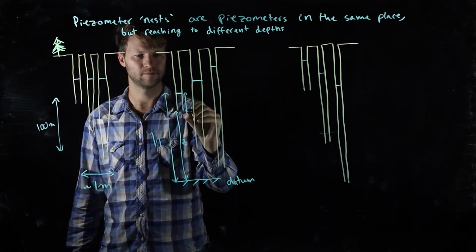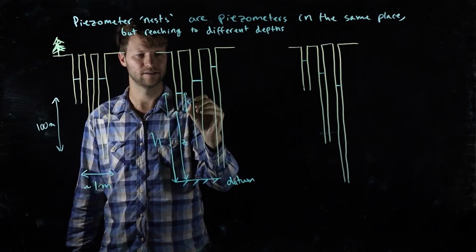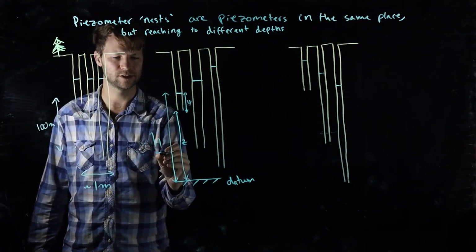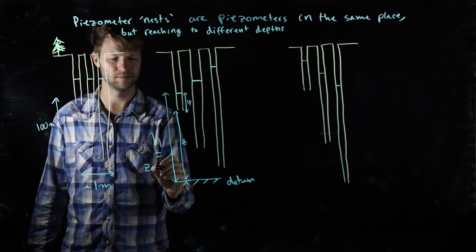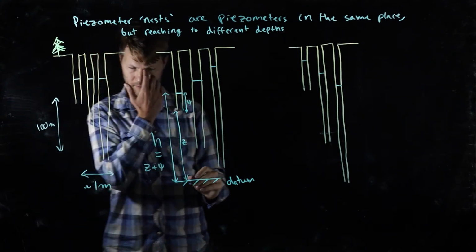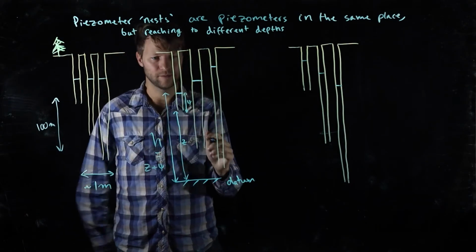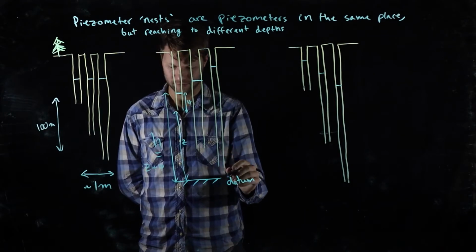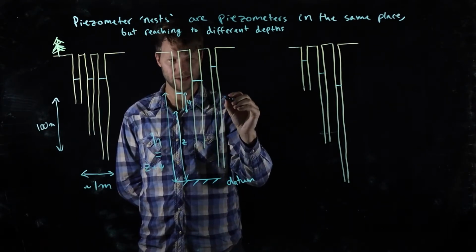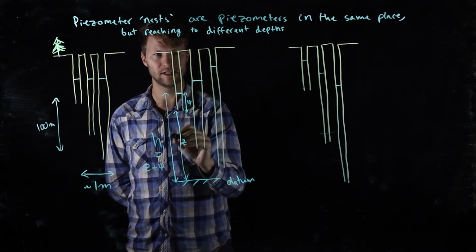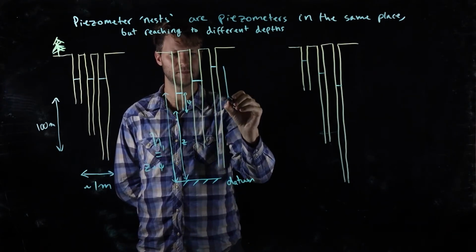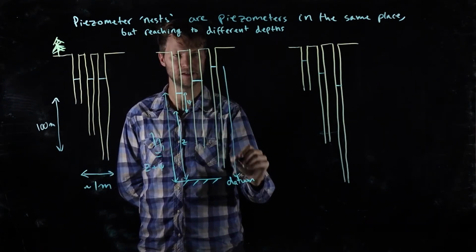Here is psi. And remember that H is equal to Z plus psi. So in this example here, we know that we'll call this one H1, and this distance here is H2.